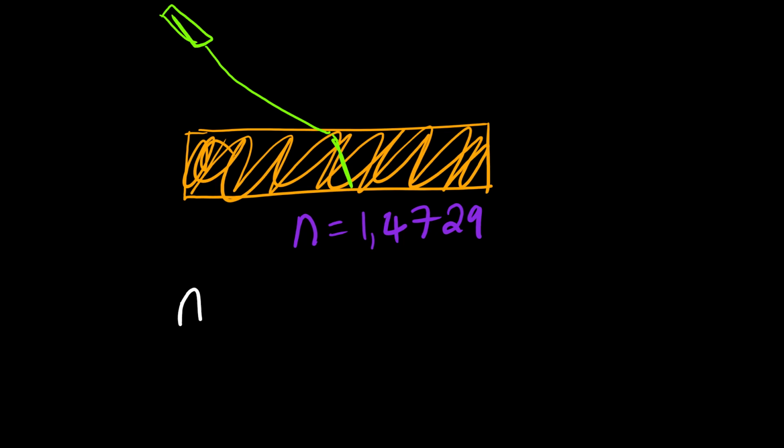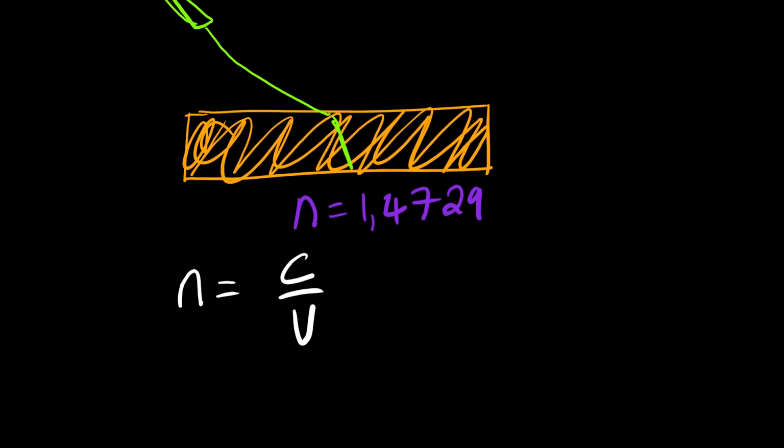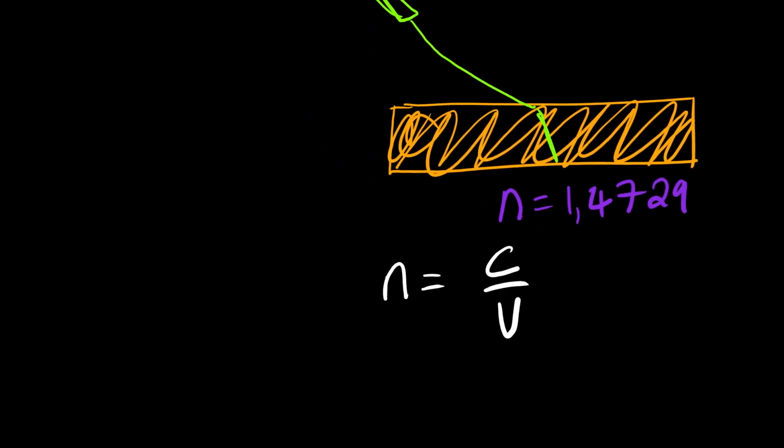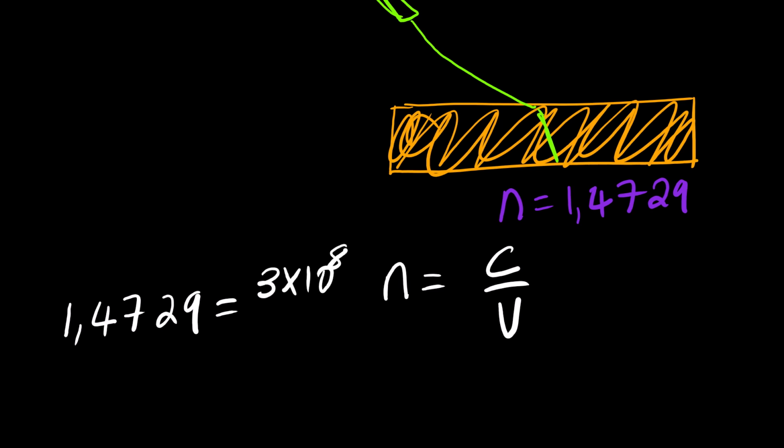Now we use this equation, N equals C over V. We are given the refractive index, 1.4729, so we simply substitute it. It equals the speed of light, which we are always given as a constant number, over V. We are looking for the speed of light.